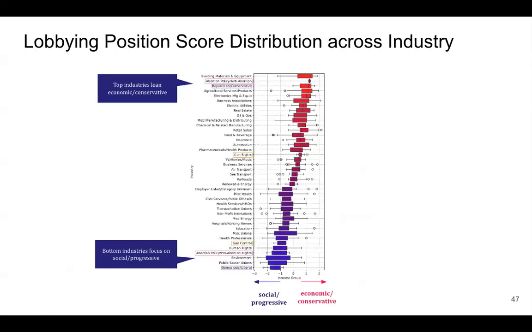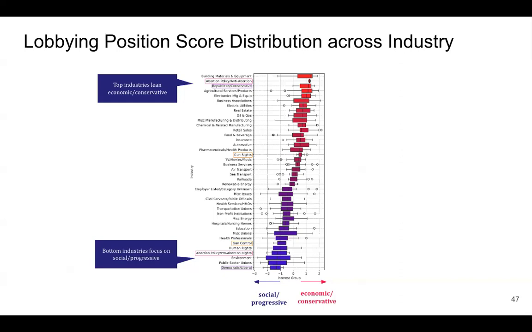Some of the analysis that we did after we classified the positions, you can see, sorry, the font is really small. The first one that has the red box, the second one from the top, is the anti-abortion interest group.